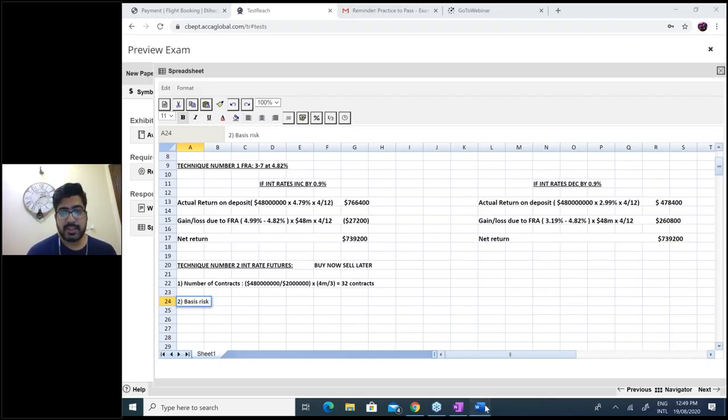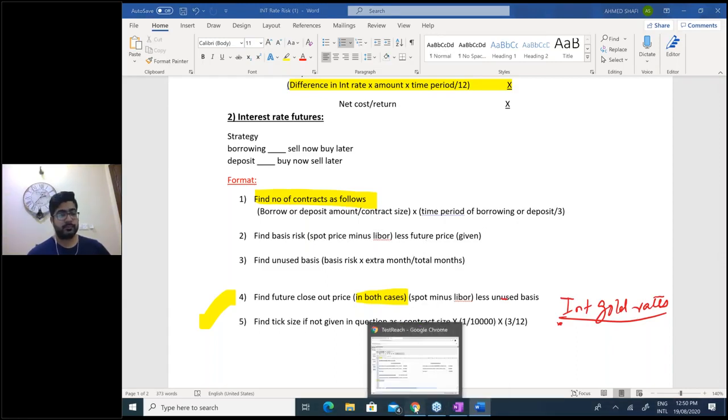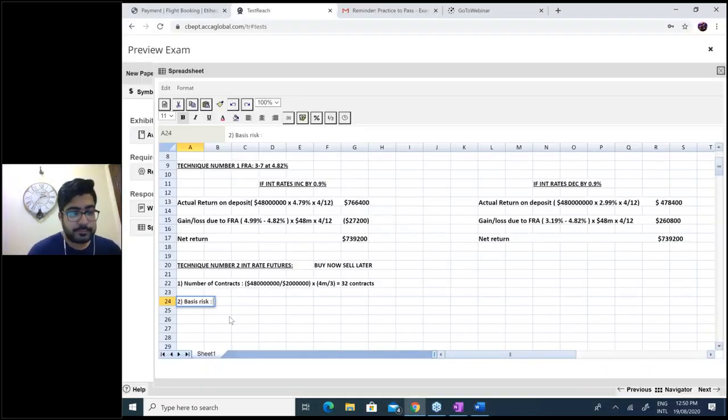Okay, so what is the formula of basis risk? Spot price minus LIBOR less futures price, which will be given. So what is the spot price minus LIBOR?